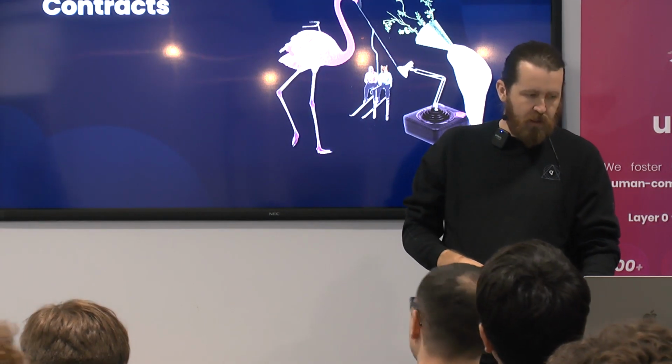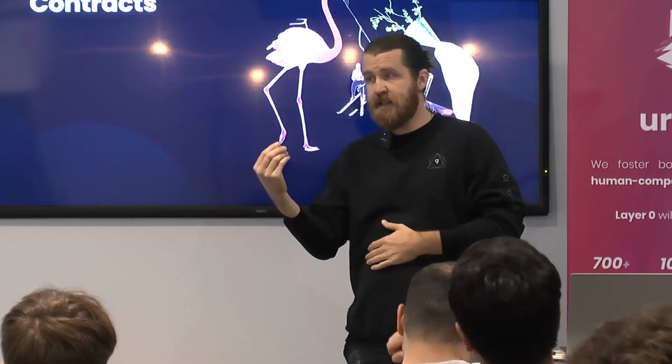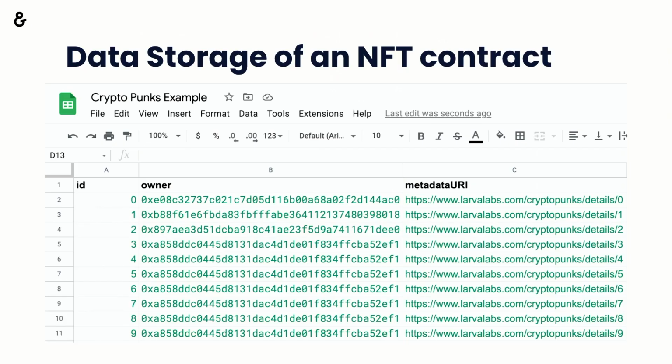If we know about smart contracts and the basics of what they're doing, we'll talk about Ethereum because this is an Ethereum hackathon. The Ethereum Virtual Machine is a state machine. The main purpose of Ethereum is to deploy smart contracts that have a state and then allow them all to come to consensus on changes to that state, okay? If we look at an example like CryptoPunks, all it is is a state of IDs.